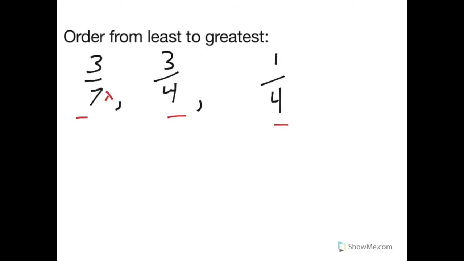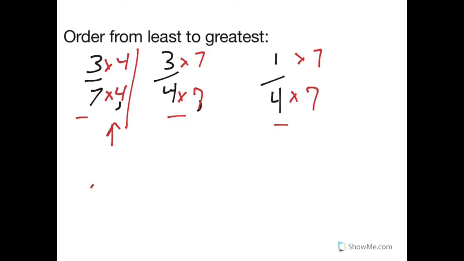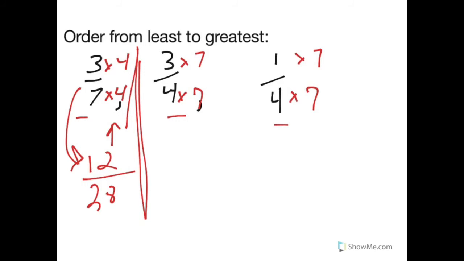And to do that, I'm going to multiply this fraction by 4ths, and I'm going to multiply these two by 7. Okay? 7 times 4 here is 28. 3 times 4 is 12. Okay? So 3/7 is equivalent to 12/28.